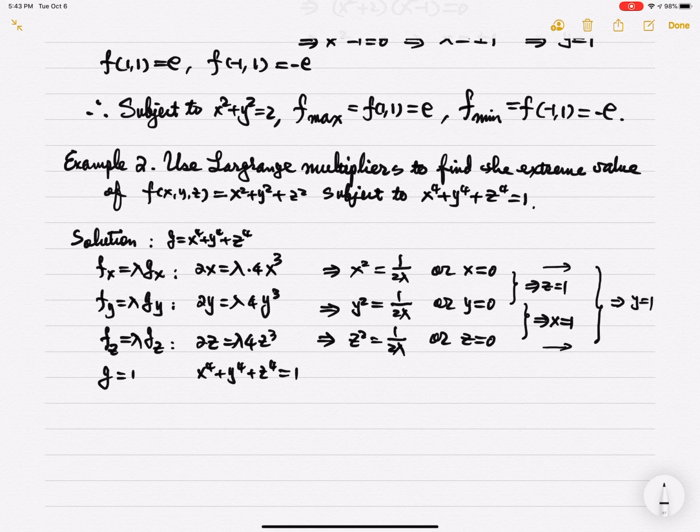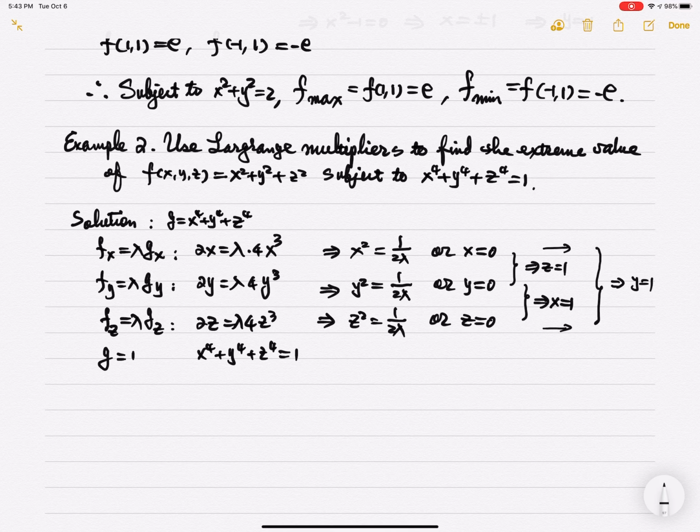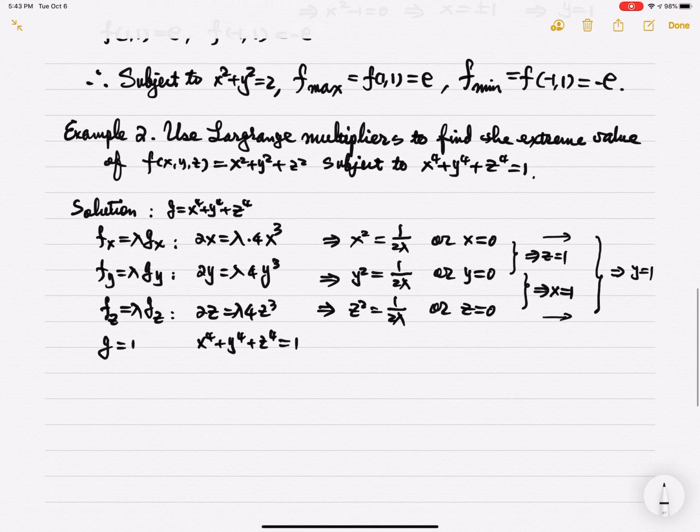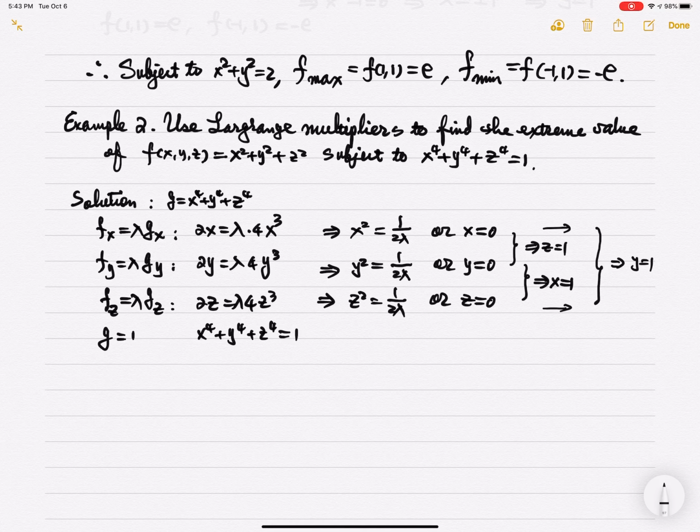Now if I substitute x squared, y squared, z squared into this equation, we're going to have 1 over 4 lambda squared plus 1 over 4 lambda squared plus 1 over 4 lambda squared equal to 1. This is easy to solve for lambda, which is equal to positive or negative root 3 over 2.